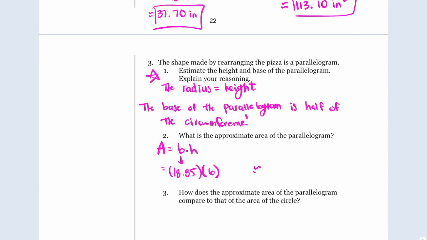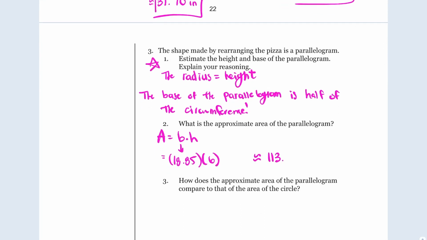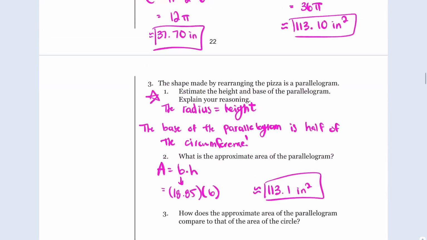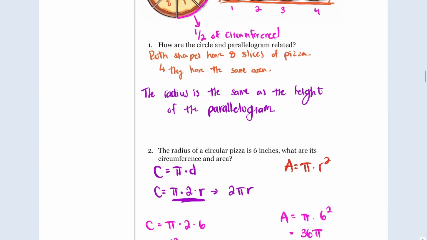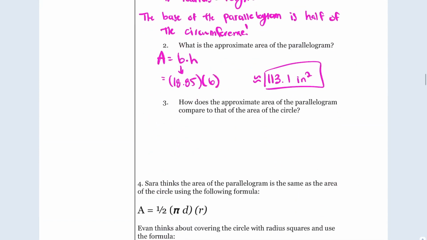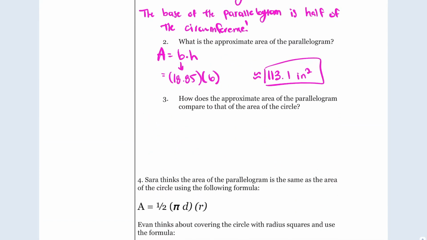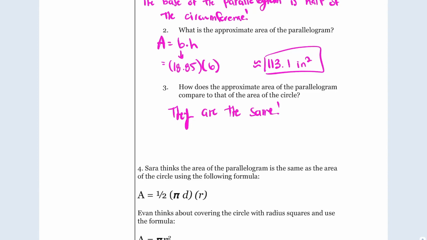And the area of the parallelogram is approximately 113.1. Hey, look at that. The area of the parallelogram and the area of the circle are exactly the same. That's what we're going to write for question 3.3. They are the same. Hopefully your mind is blown. Okay, let's keep going.